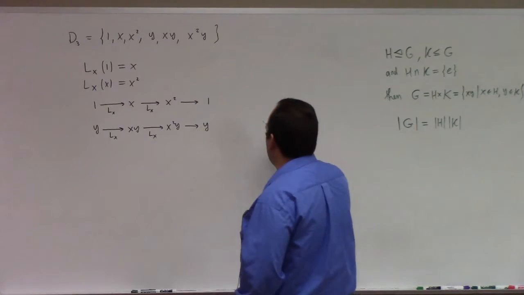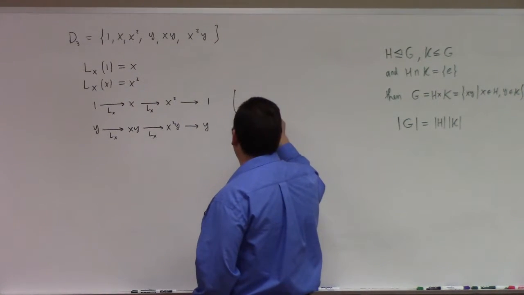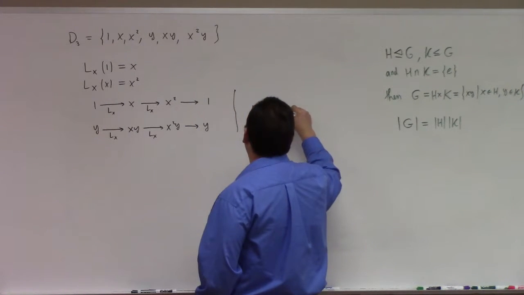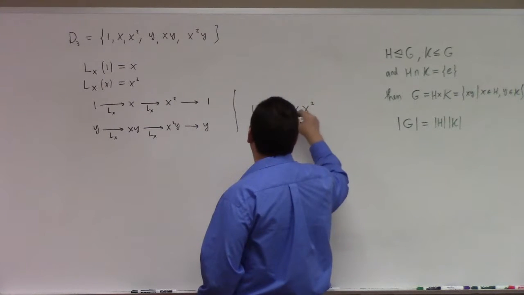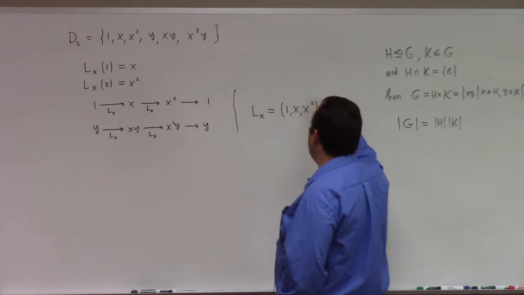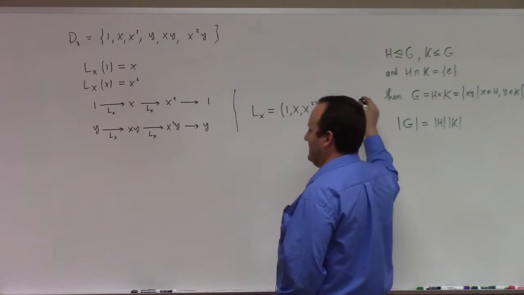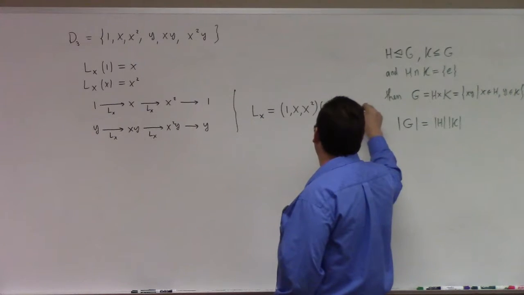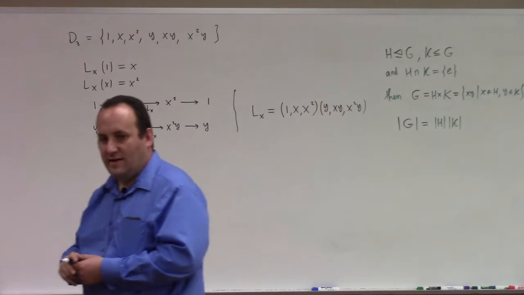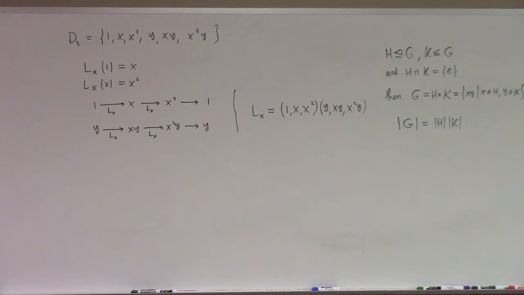So in other words, you could write L sub x as a cycle, right? 1 goes to x goes to x squared, and y goes to xy goes to x squared y, if you're willing to generalize the cycle notation to abstract elements rather than just the numbers 1 through n. But we don't want to do that. I mean, we could do that, but the homework problem I've assigned you guys doesn't do that, right?